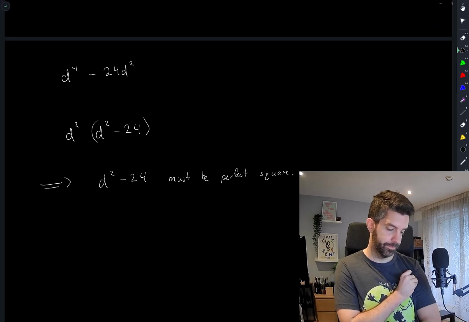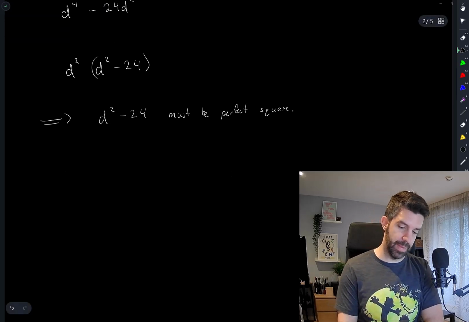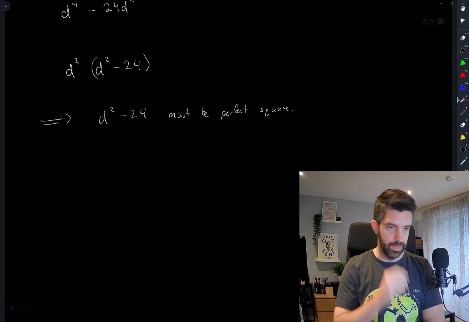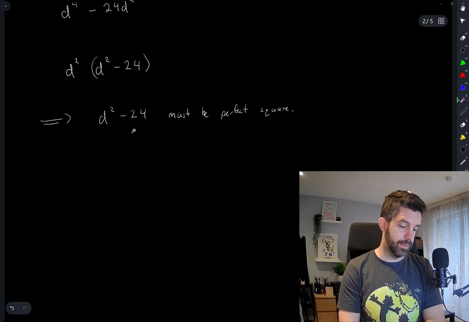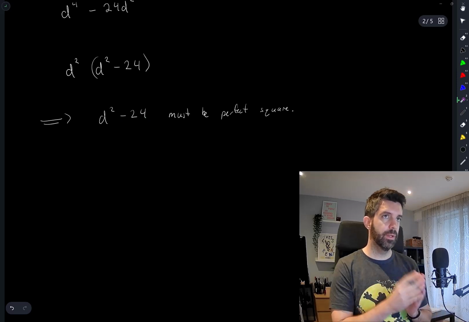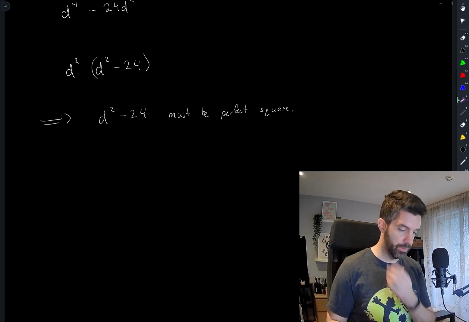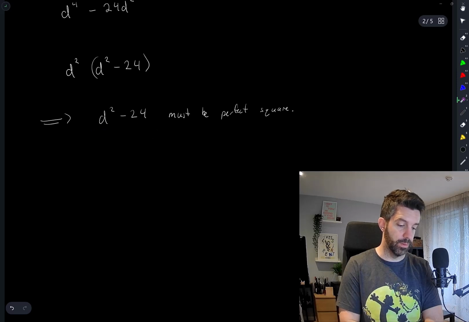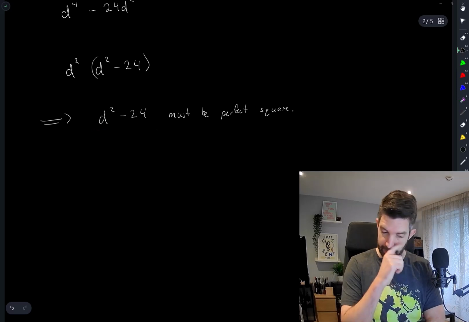That'll give us essentially all the possible values of d, because d squared is of course a perfect square for any value of d. For sufficiently large values of d, if the distance between squares is greater than 24, then d squared minus 24 can't be a perfect square. So that'll put a maximum value on d.